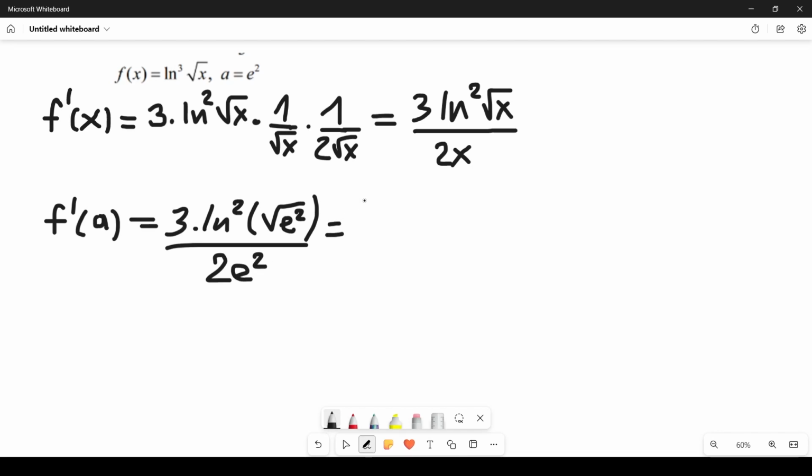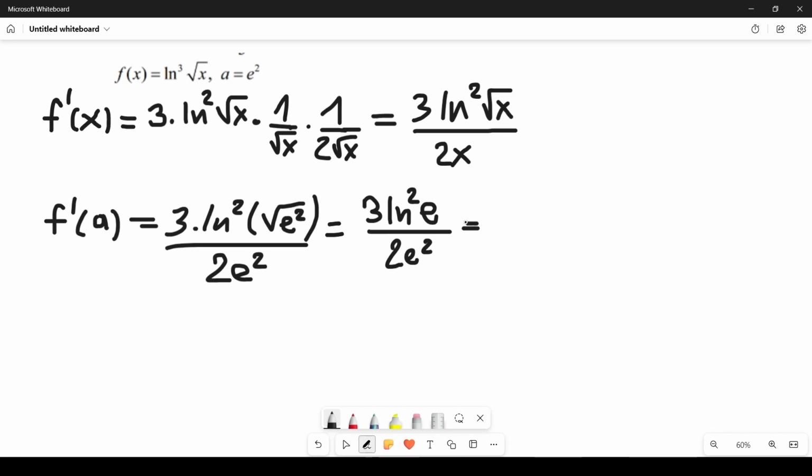That is going to lead us to 3 times the natural logarithm of e to the power of 2 over 2e squared.